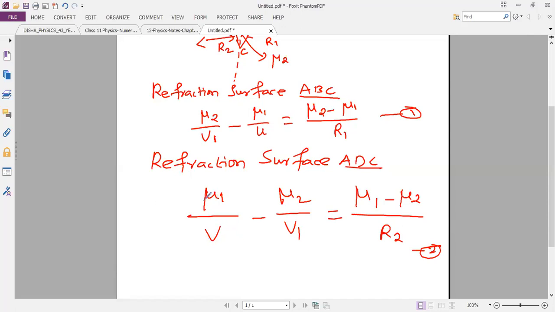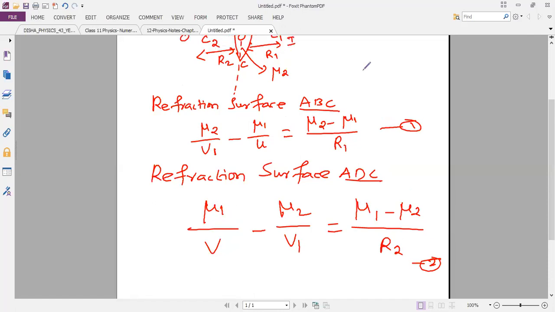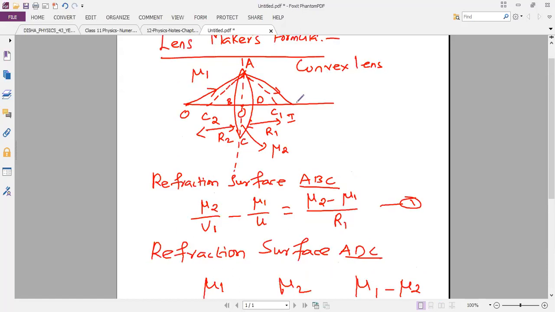Listen, why are we taking mu1 here? Because mu1 is the refractive index of the rarer medium. In this medium only we will get the image. See here, this is the image, the I value, so it is in the mu1 medium.